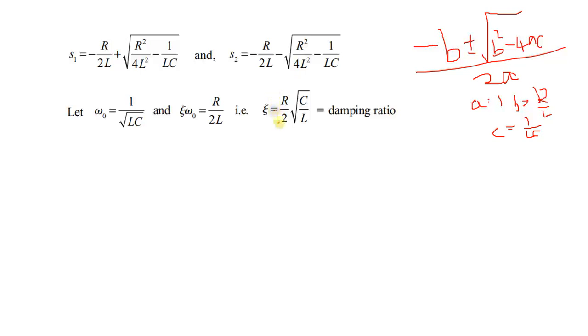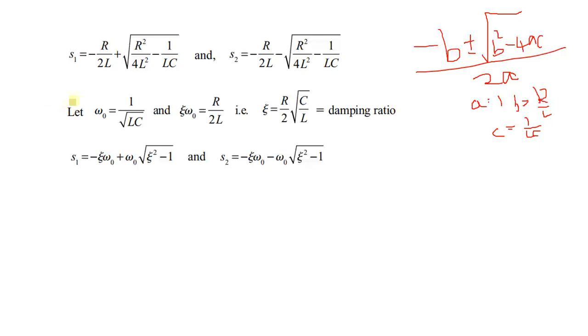From these values I rewrite the two roots like this. Therefore s1 equals minus zeta omega naught plus omega naught into square root of zeta square minus 1, and s2 equals minus zeta omega naught minus omega naught into square root of zeta square minus 1.